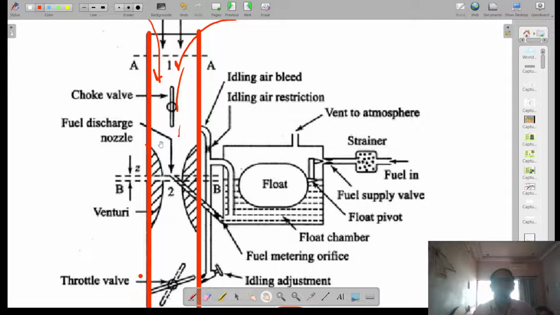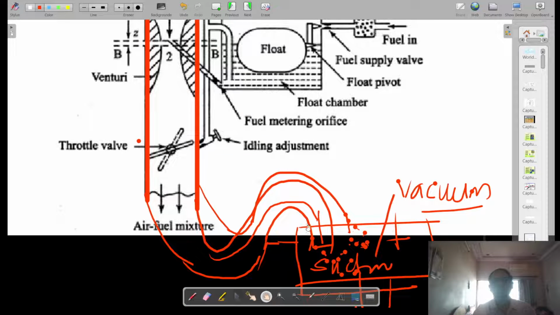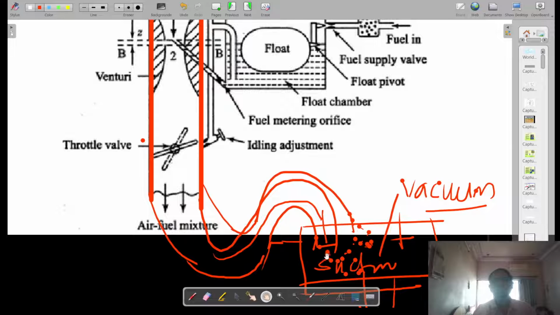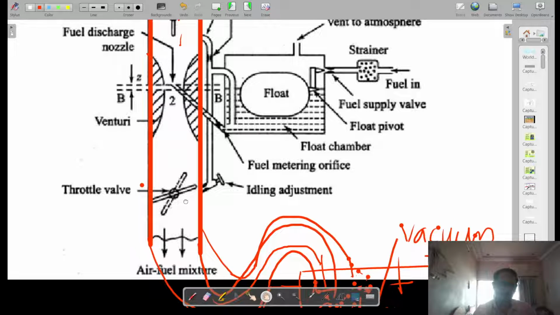Air coming from the atmosphere and fuel coming from the float chamber get mixed up. This air-fuel mixture is sent to the cylinder during the suction stroke. So whatever you are getting is air plus fuel in the case of the SI engine.